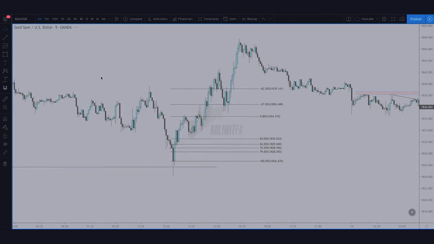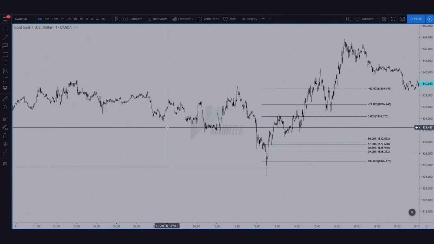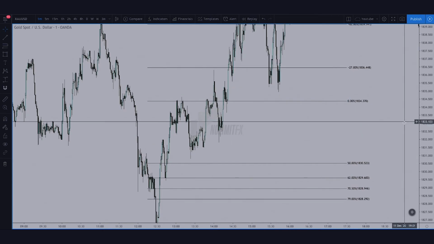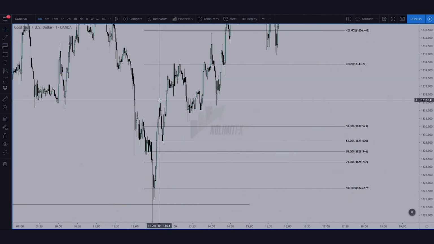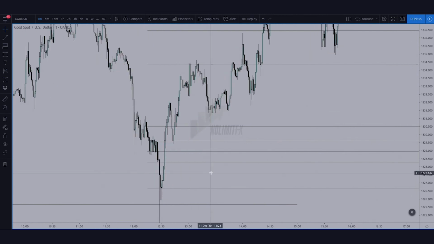So this one still doesn't work. Quite a bad example, to be honest. Okay, as you can see, it doesn't work always. Nothing is for sure, guys, with trading.